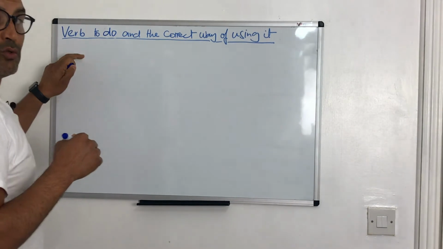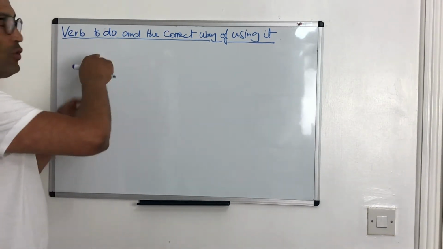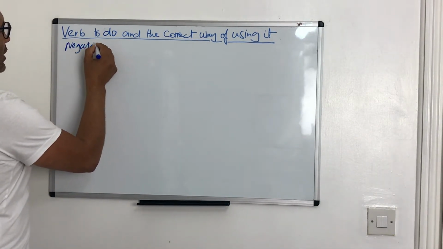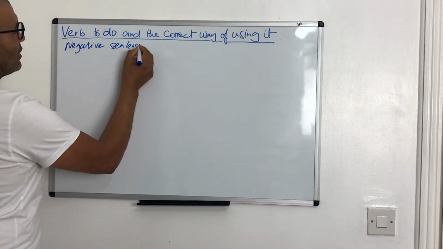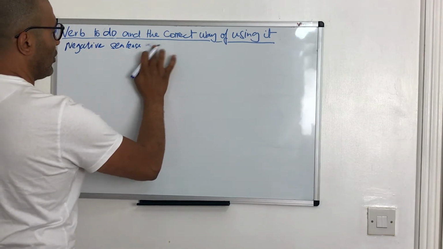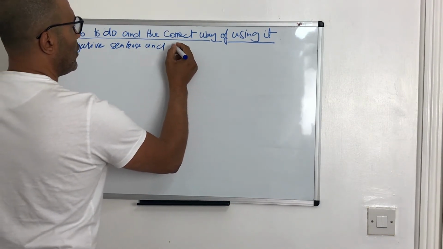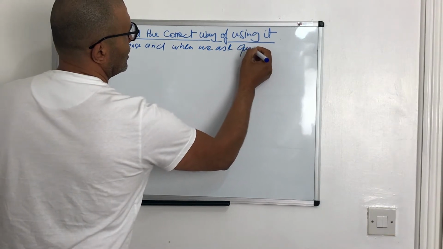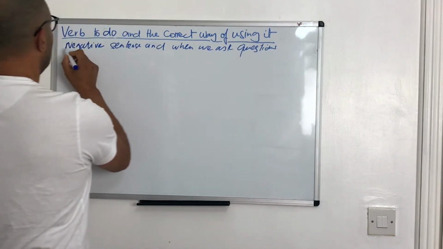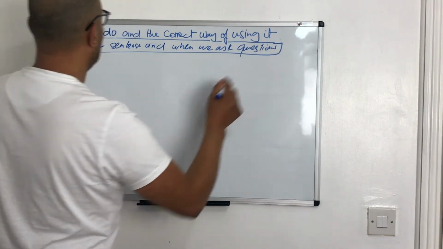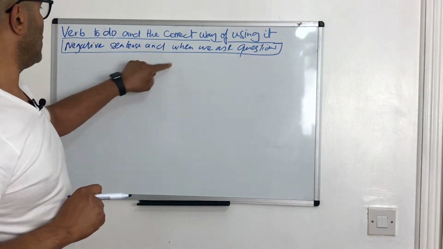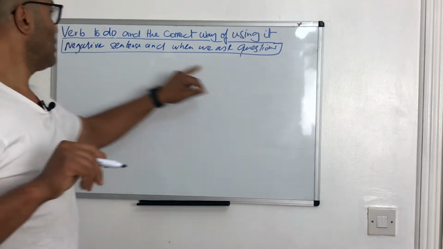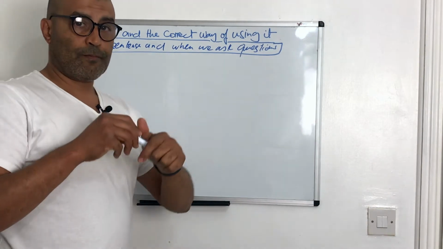So we use the verb to do when we make a negative sentence, when we say I do not, or when we ask questions. I'll give you an example.